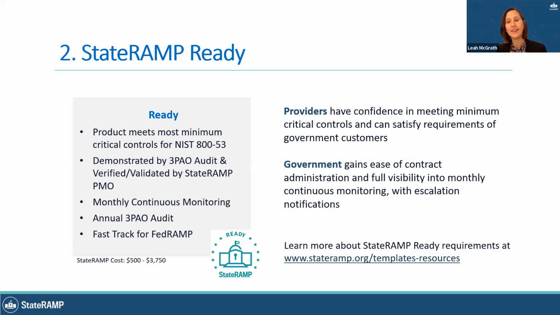We also have escalation notifications built into our process. So about a year ago this time, our Standards and Technical Committee adopted a continuous monitoring escalation guide that really articulates and defines different activities that would trigger a proactive notification out to a participating government to log in and see, hey, what's going on?